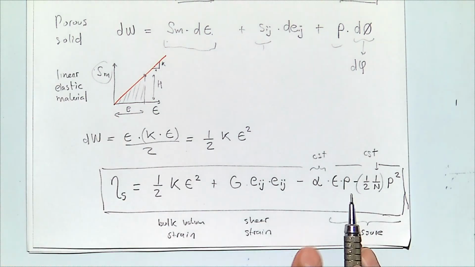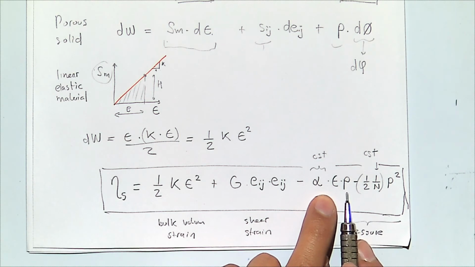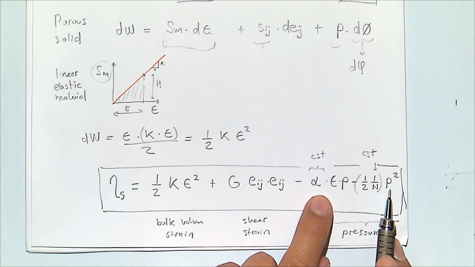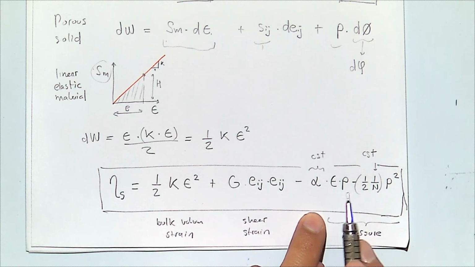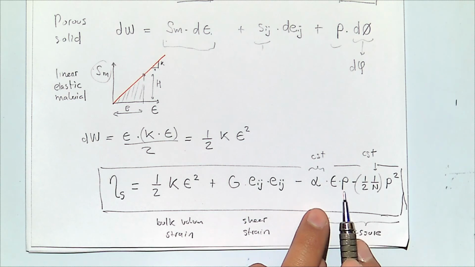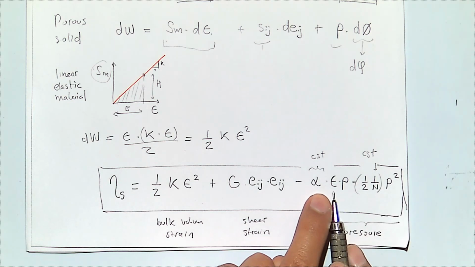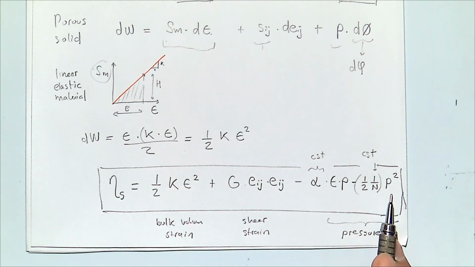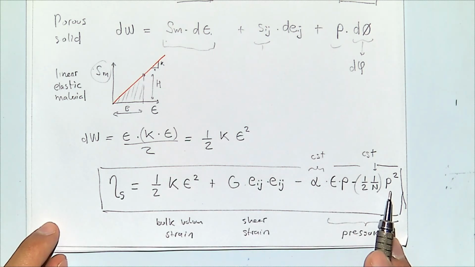Notice that this one captures the influence of both volumetric strain and pressure, and this one pressure by itself. This one is considering explicitly the coupling between volumetric strain and pressure, and this one of pressure just on its own.